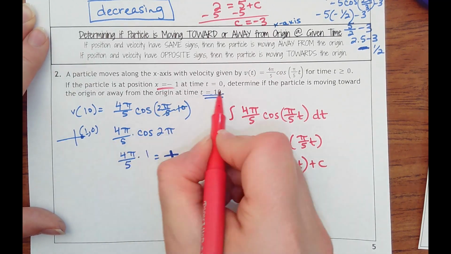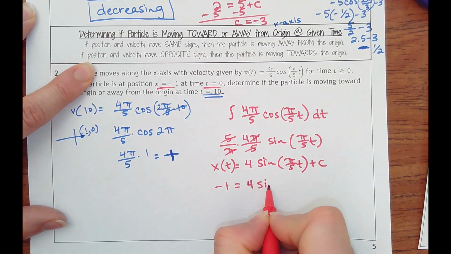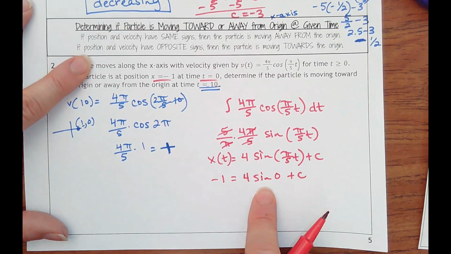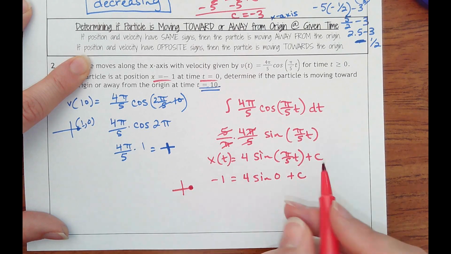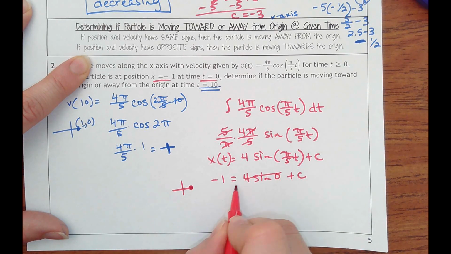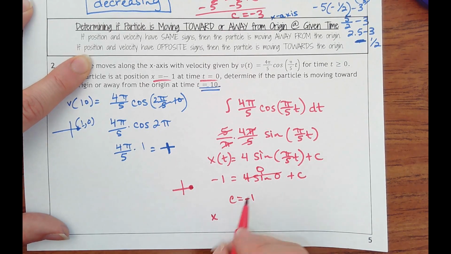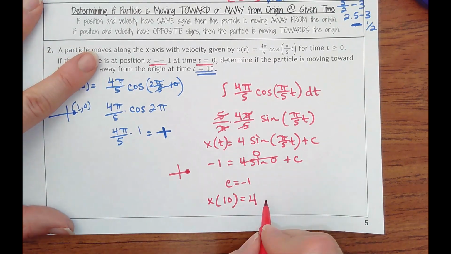Plug in your x and your t. Again, I like when the time is 0, so that makes that 0. Sine at 0, that's the y value, so that's a height of 0. So that's all 0. C would equal negative 1. So I'm going to plug in a time of 10 to see whether the value is positive or negative.